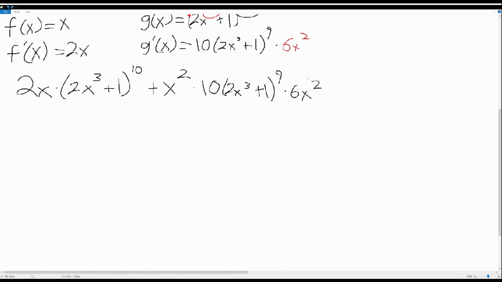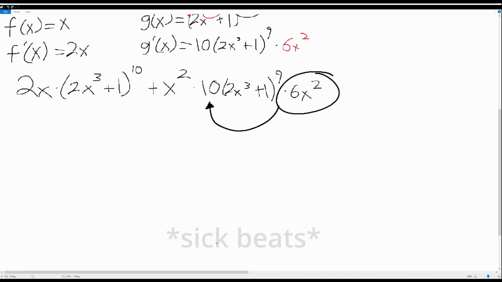So I can see here that we have the 6x. We can just probably times that over here, right? I would assume so. Let me look at my paper real quick.